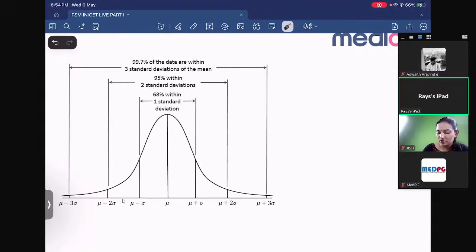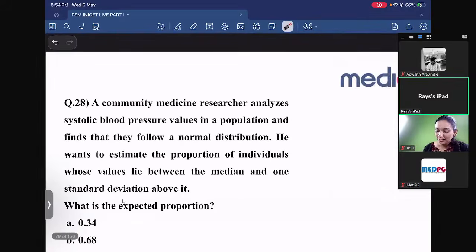What they've asked you is this: how much percentage lies between the center and plus one standard deviation? That is basically half of your 68, so 34% is the correct answer, 0.34. The clue is that this is a normal distribution, where mean, median, and mode are all the same.